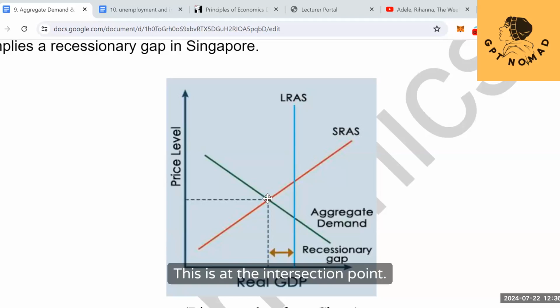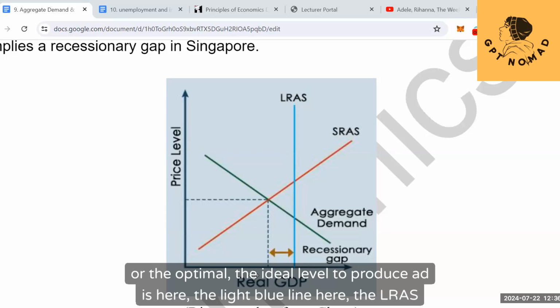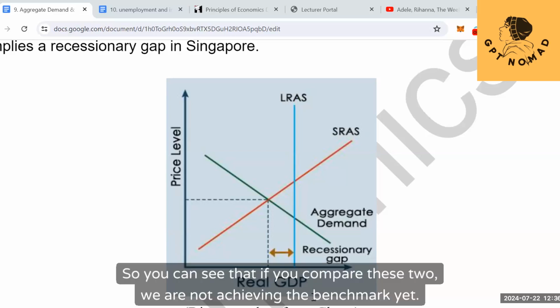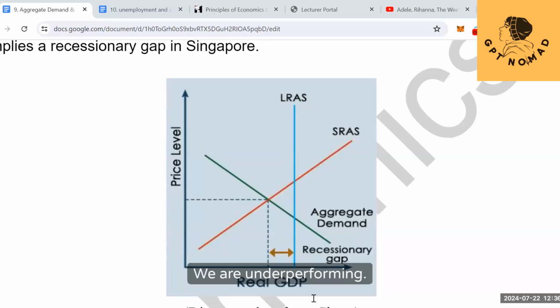This is at the intersection point, so here is your real GDP level. But the benchmark, the ideal level to produce at, is here, the light blue line, the LRAS level. If you compare these two, we are not achieving the benchmark yet. We are underperforming.